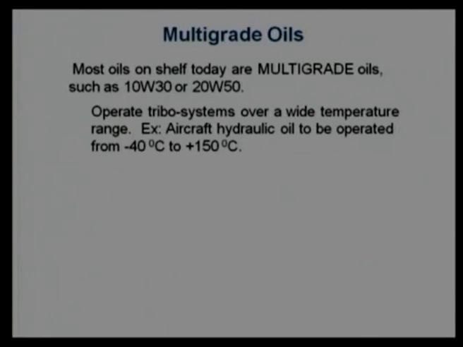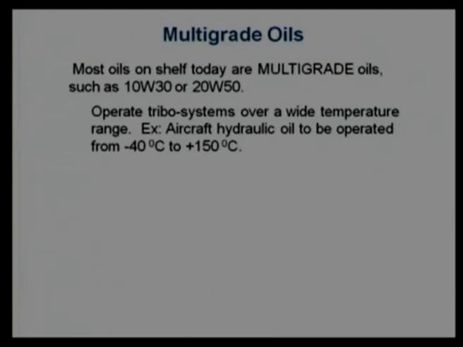In other words, this multi-grade oil has SAE 10 characteristics as well as SAE 30 characteristics. By and large, the second example also has two characteristics. It's called SAE 20 and SAE 50 characteristics. That's why they are called multi-grade oils. It's not a single grade; it contains two grades.